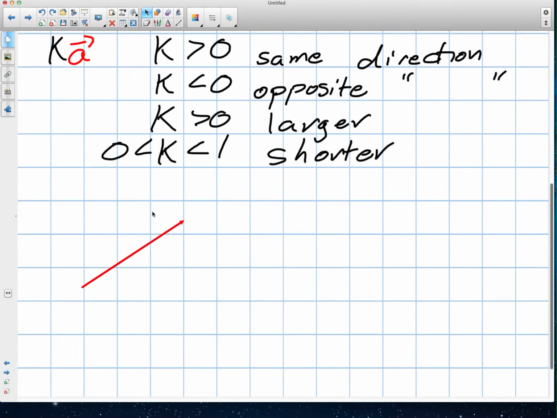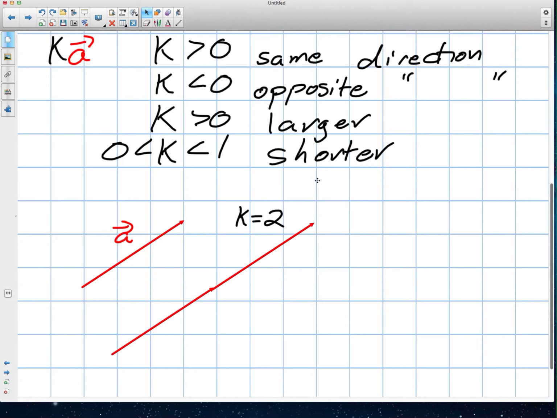Okay, so vector A. Let's say we're looking at vector A, but the scalar, or the number we're going to multiply by, is the number 2. So we're going to say that k is equal to 2. And what ends up happening is we're going to get a vector that is essentially twice as long as the original, but in the exact same direction.